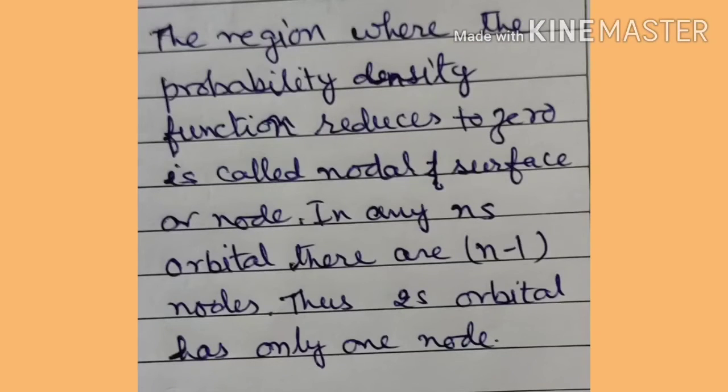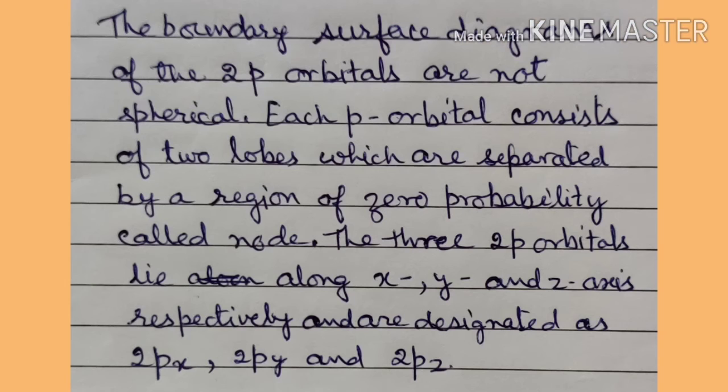The region where the probability density function reduces to 0 is called nodal surface or a node. In any ns orbital, there are n minus 1 nodes. Thus, 2s orbital has only one node, that you have seen in the diagram also. So, the surfaces where the probability density approaches 0 are called the nodal surface or node.